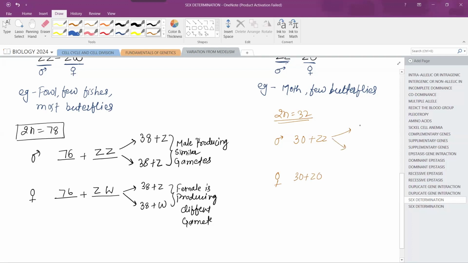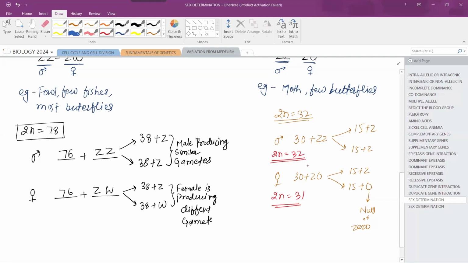And the gamete? 15 plus Z, 15 plus Z. Here 15 plus Z and 15 plus O, null. This is a null value or 0. So here male has 2n equal to 32 and female has 2n equal to only 31. Understood?